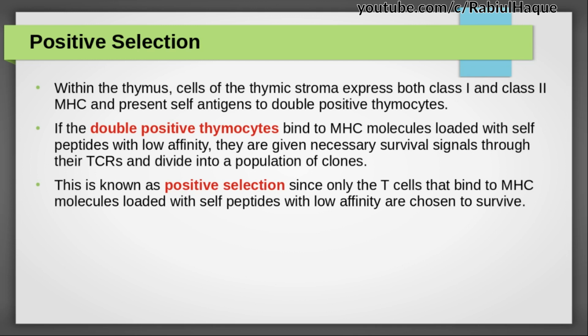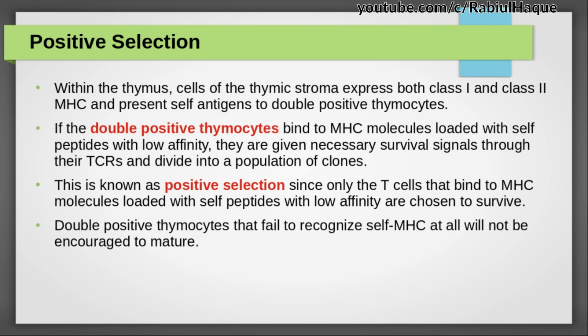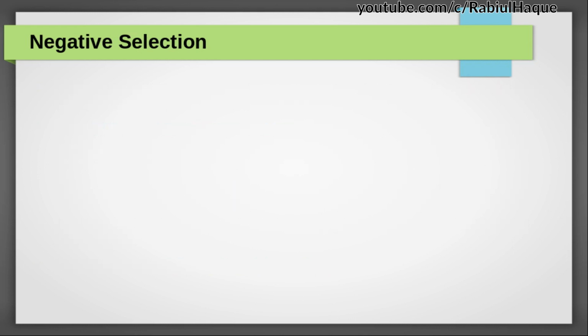This is known as positive selection, since only the T cells that bind to MHC molecules loaded with self-peptides with low affinity are chosen to survive. Double positive thymocytes that fail to recognize self-MHC at all will not be encouraged to mature. This is known as failure of positive selection.